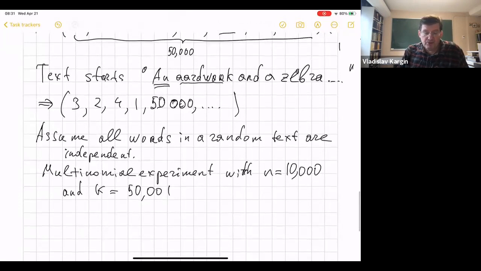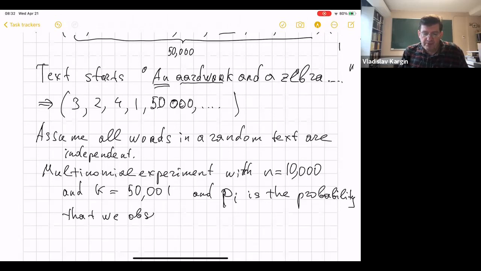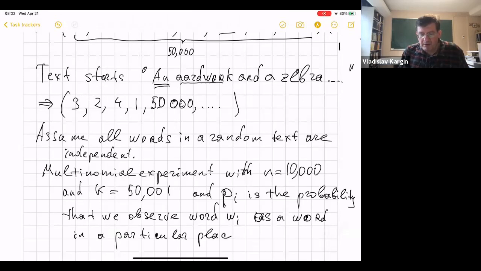So what about the probabilities? pi is the probability that we observe word, say, wi, in a particular place in the text.